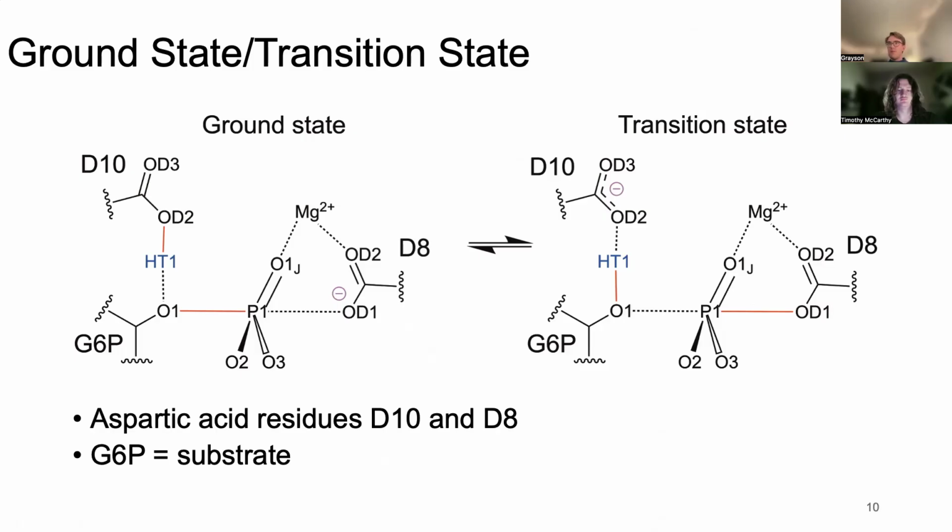So in a first step, the aspartic acid 8 acts as a nucleophile attacking the phosphoryl group of the glucose 6-phosphate. Because it is in line with the aspartic acid 10 group, this is able to act as a proton donor to the glucose 6-phosphate as it leaves into solution.